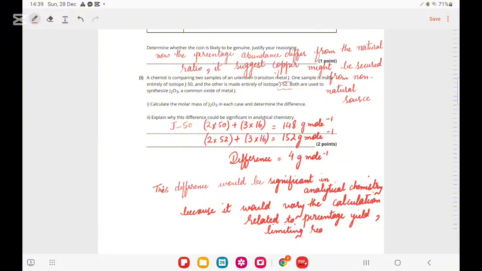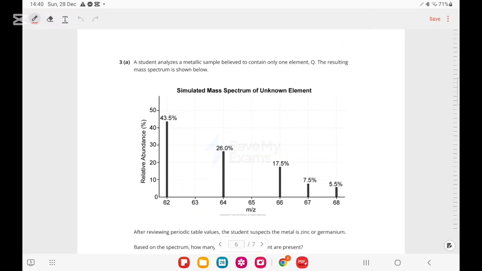So these calculations would vary if there is a difference in the molar mass.